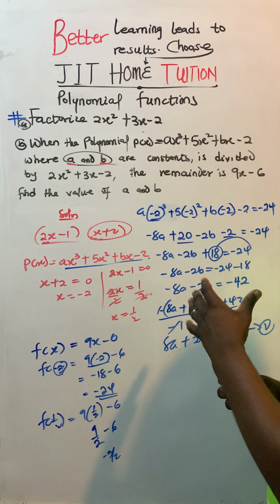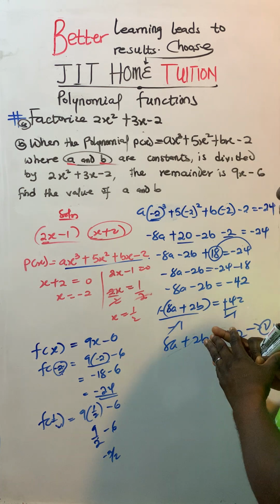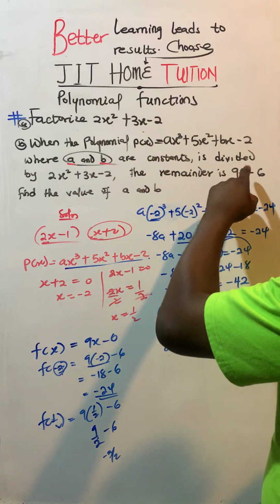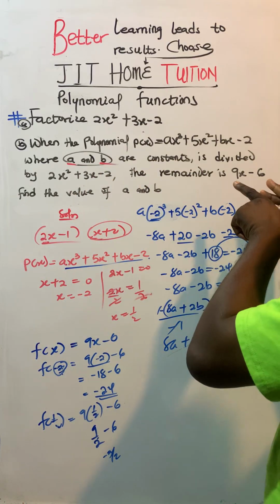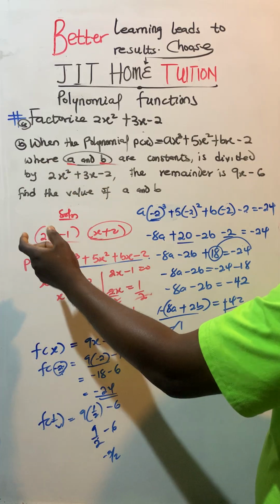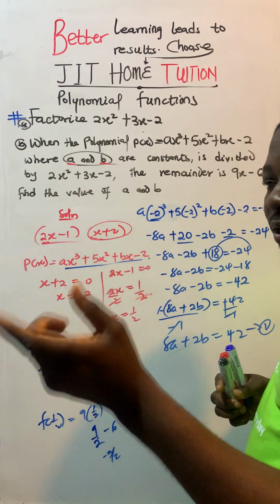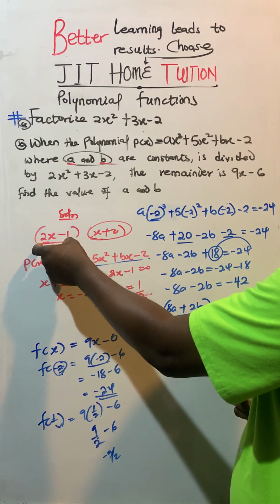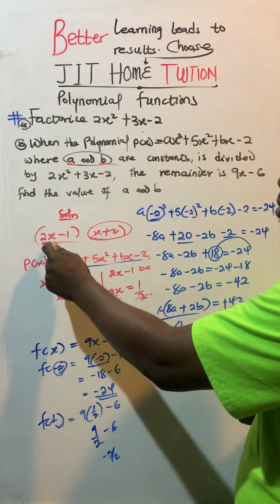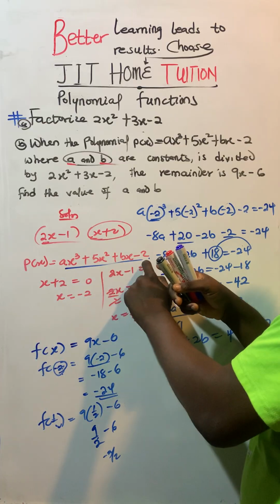Now, mind you, we are trying to find the value for what? a and b. And this is, according to the question, it divided and gave us this remainder. So what we've done is that we factorize this, and we have 2 factors. And when we're looking at the factor theorem, and also that of the remainder theorem, we said you equate the factor to be equal to 0. Then whatever value that you get for x, you come and put it into the function.